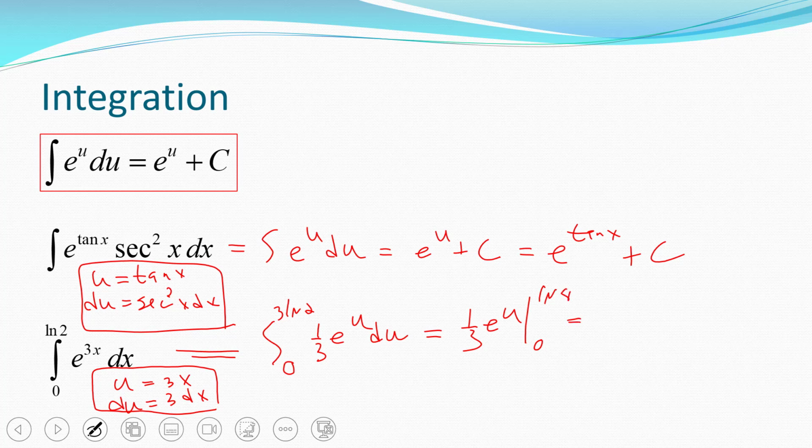So this then equals 1/3 times e to the natural log of 8 minus e to the 0. By the inverse properties, e to the natural log of 8 is just 8, and e to the 0 is 1. So we get the answer, which is 7/3.